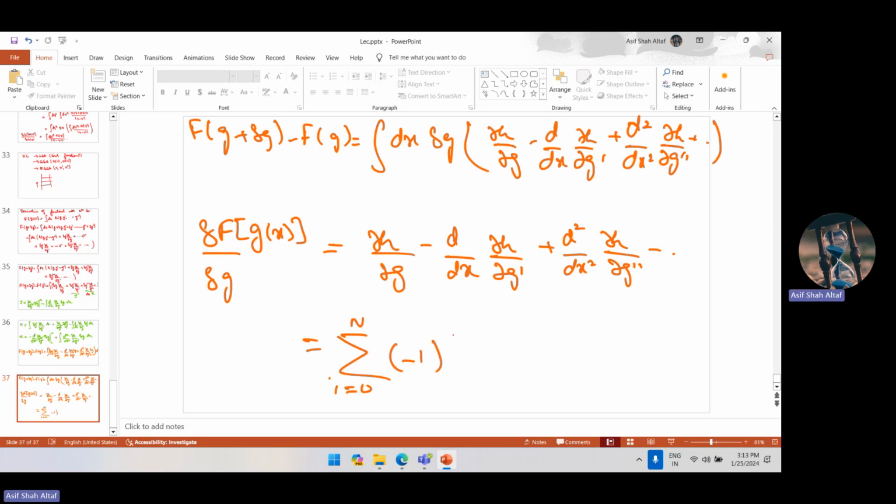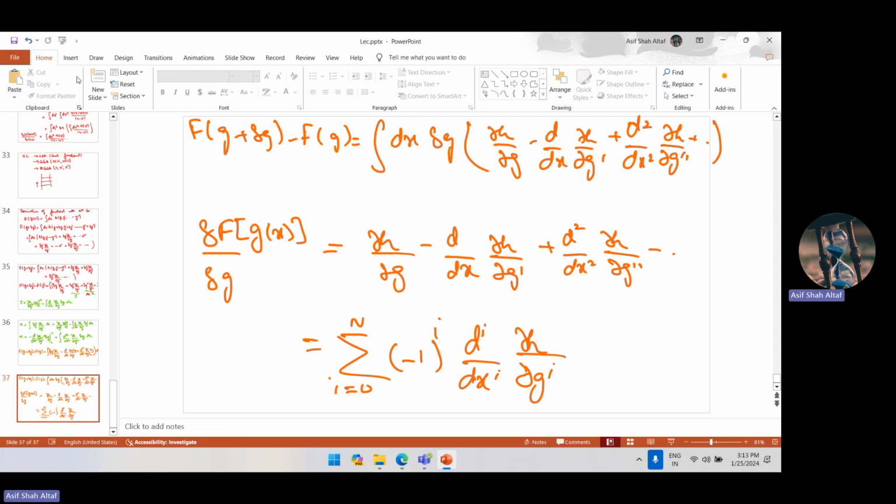There is this alternating sign, so for that you have to write this. And di represents the ith derivative. Similarly, gi will represent the ith derivative. So this is then the general formula for taking the derivative of a semi-local functional which depends up to the nth derivative.